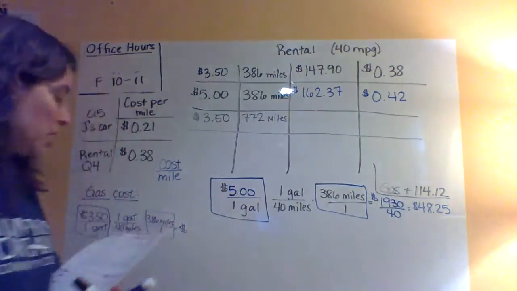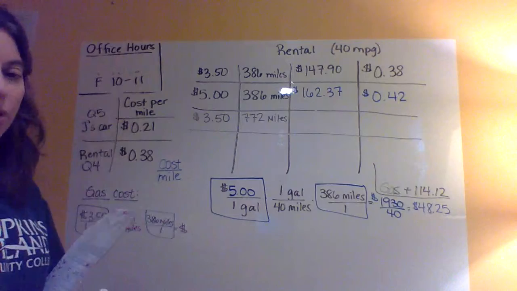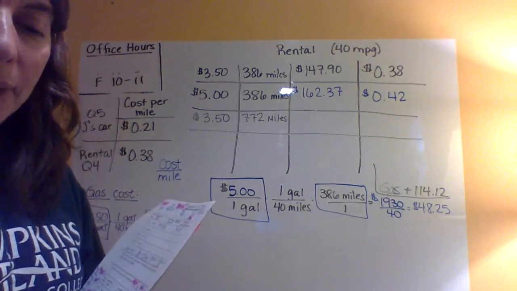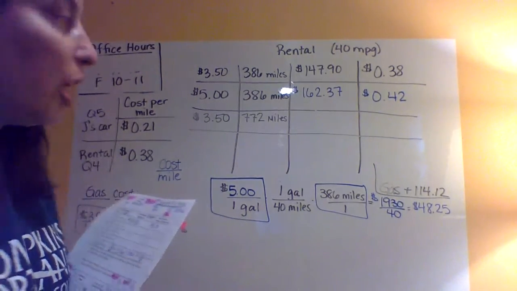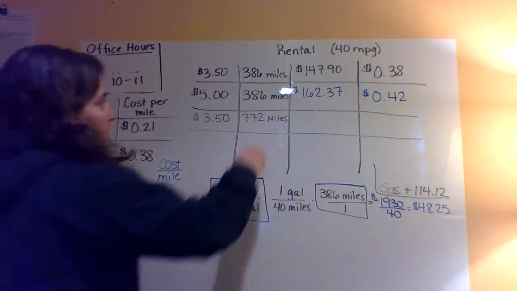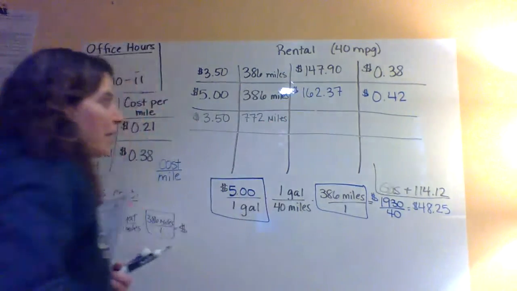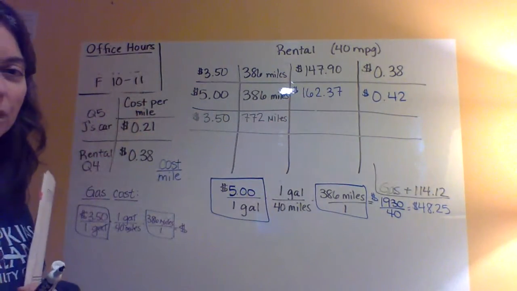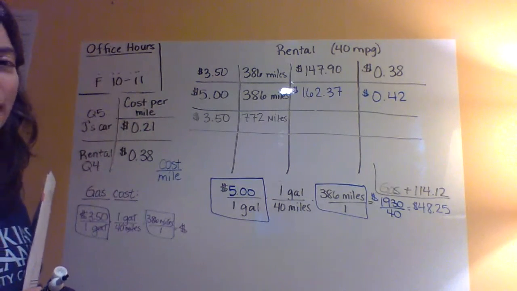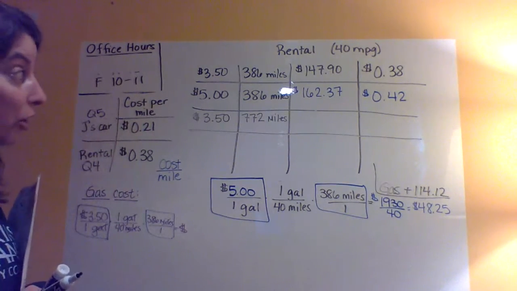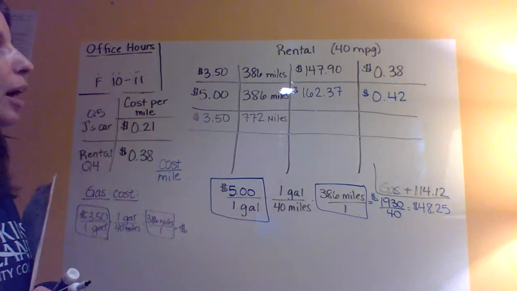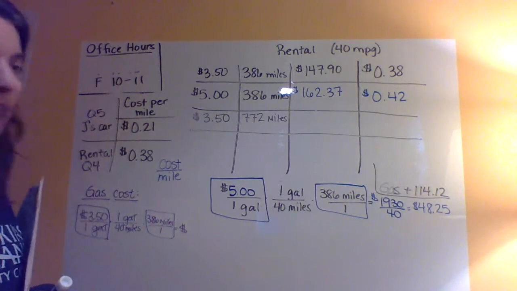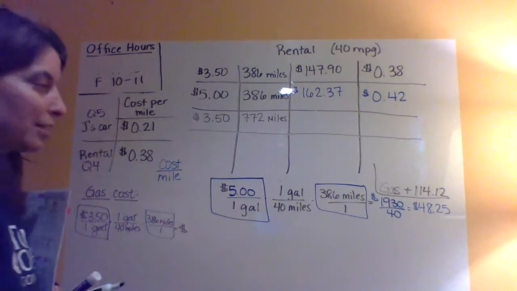So the distance has doubled, okay? Does that mean that we can just double our cost from here? Think about that for a minute. Will the whole cost double? It won't, right? The gas price will double, but the rental fee doesn't double, and the tax doesn't double.